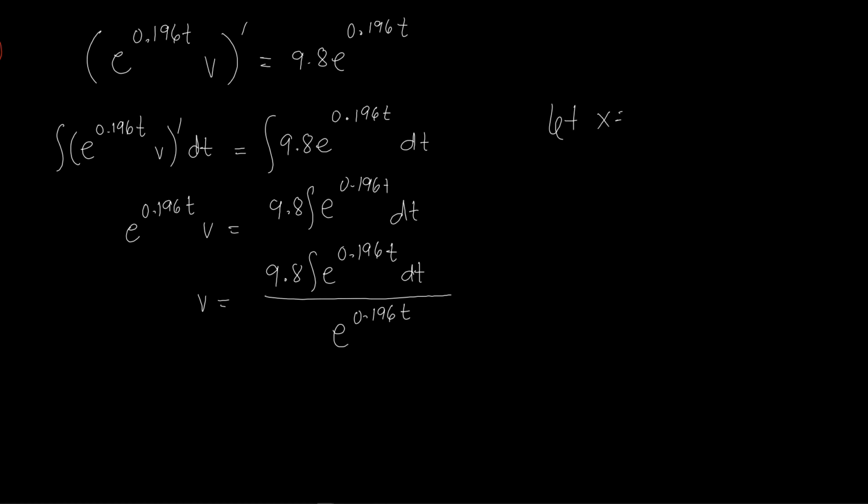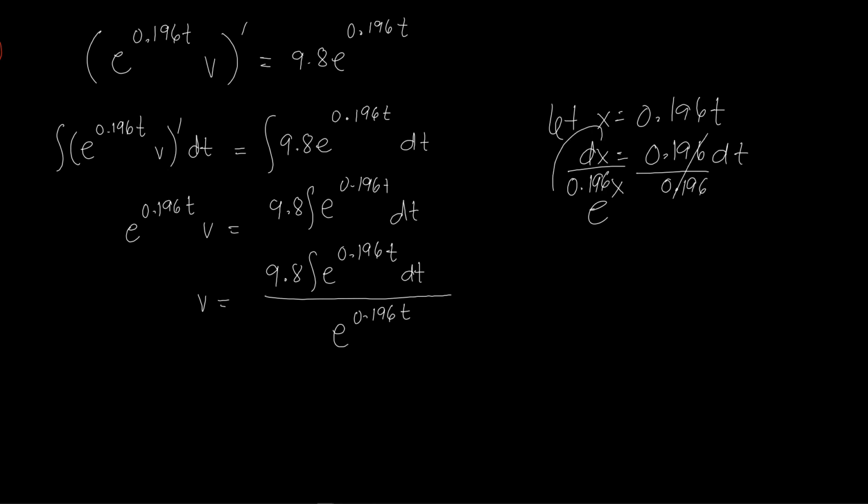Let x equal 0.196t so that it becomes e to the power of x. Then e to the power of x dx, with dx equal to 0.196 dt. To substitute dt, it becomes over 0.196, so it cancels out. It's not multiplied but divided.